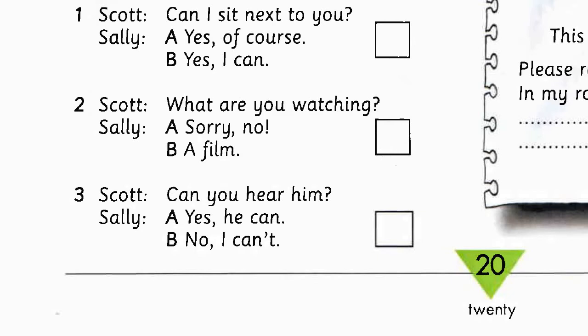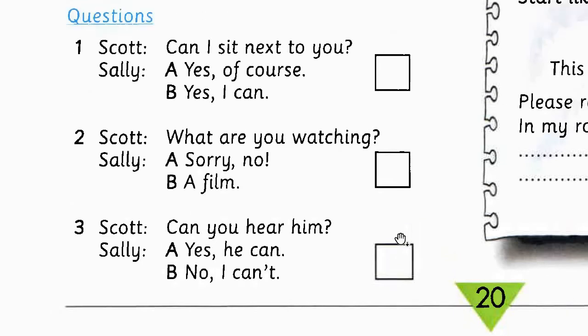How about question number 3? The question, can you hear him? Yes, he can, or no, I can't. Which one is your answer? No, I can't. So right here, B.